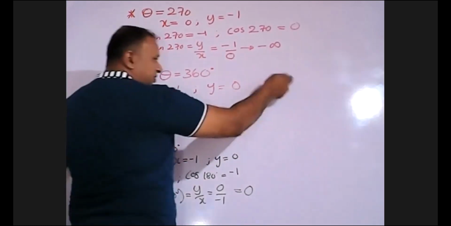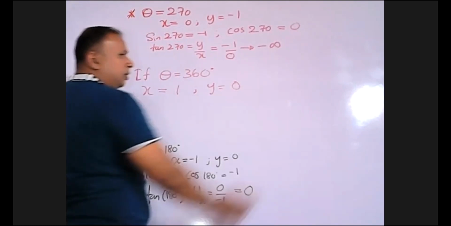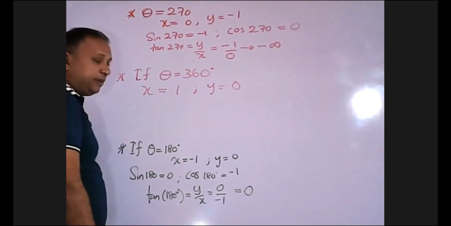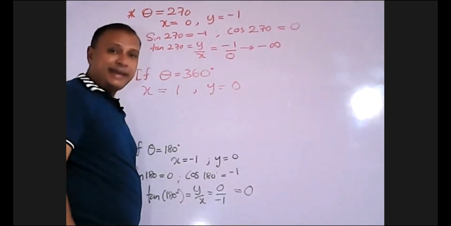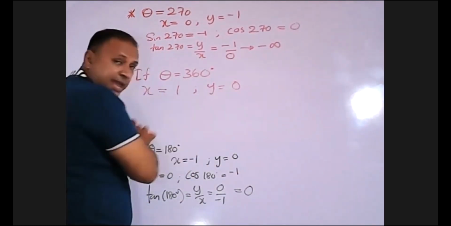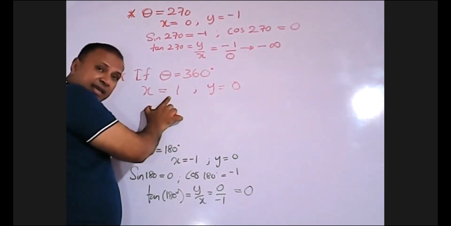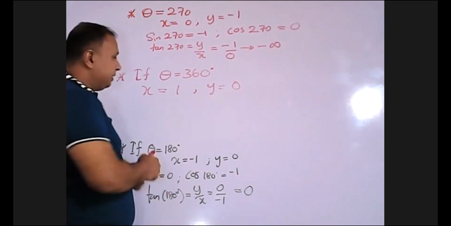If it is 360, now it comes back to the original point, that means it is represented by point A. So the x value of point A is 1. The y value of point A is equal to 0.